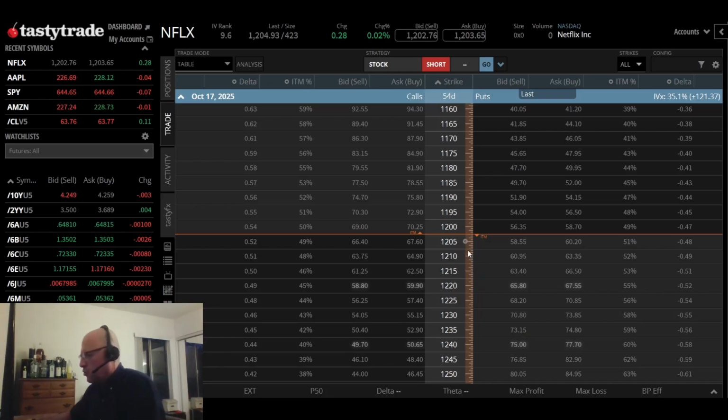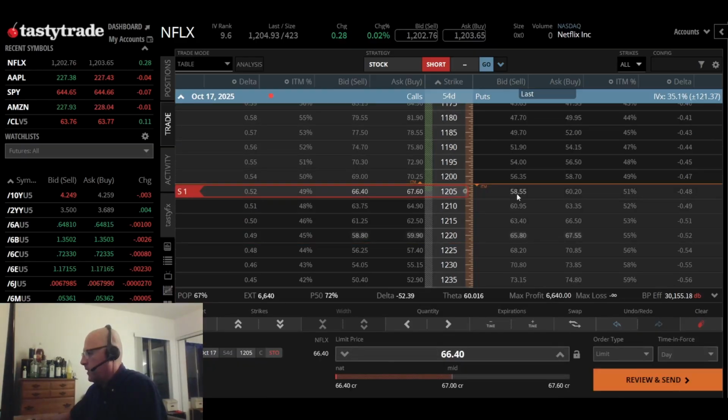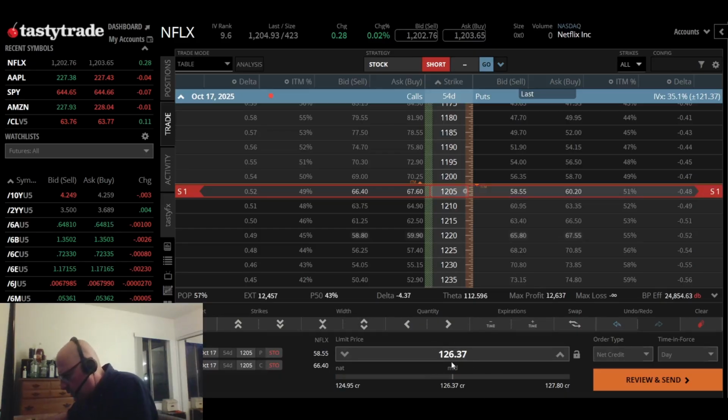So let's assume the 1205 strike, we'll call that the at the money strike. So if I sell an at the money call and an at the money put, I'm bringing in a very large credit here. $126 and change. Remember, there's a multiple of 100 there. So for that single spread, I'm bringing in well over $12,000 of credit.